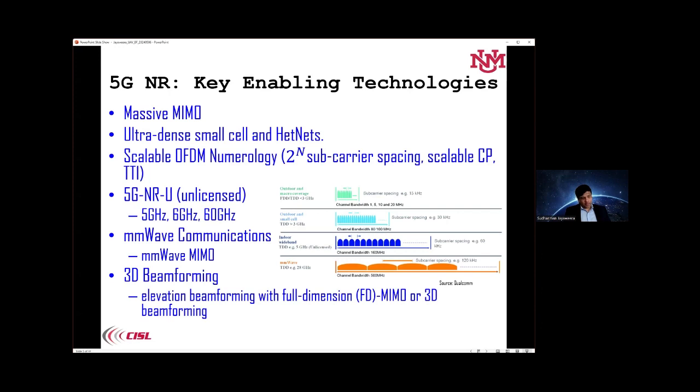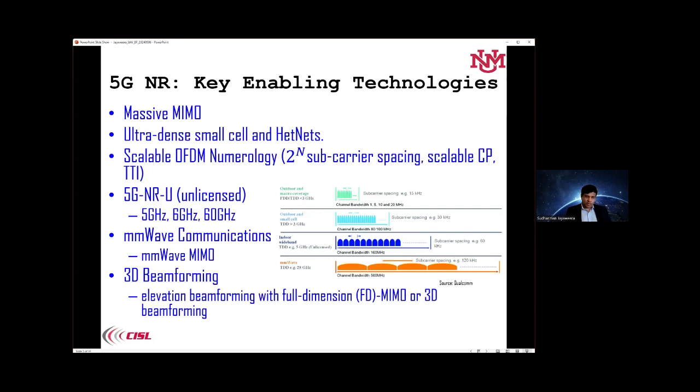Along with massive MIMO, one of the most important techniques under consideration for 5G is millimeter wave communication. Millimeter wave communication is supposed to address the issue of limited bandwidth in the traditional sub-6 gigahertz regime and open up much higher bandwidths for 5G communications.